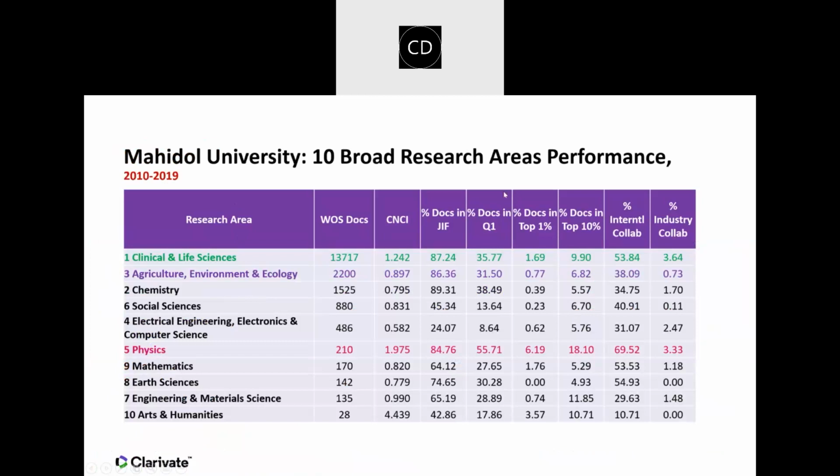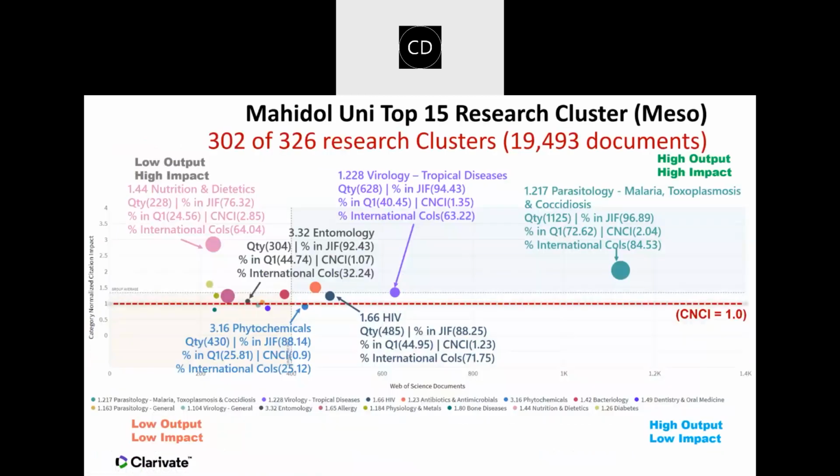If you want to see this data in the table, this is what you can export from InCites. And if you want to deep dive into the mid-level, which we call meso level, then you can also look at these data.